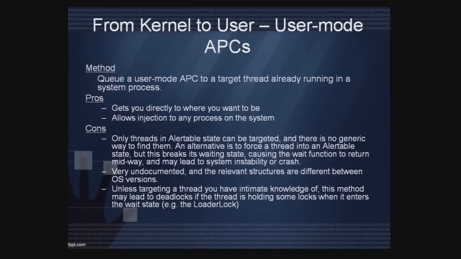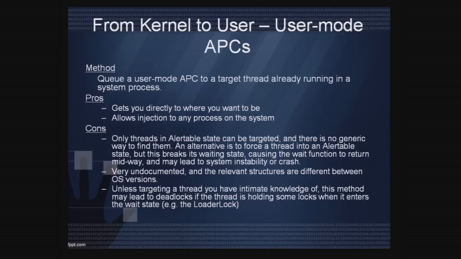A nice trick that I forgot to put here: the offset of the alertable flag in the KTHREAD changes all the time, and it's quite difficult to find it. You have to write code that is specific to a build. That can be worked around by issuing a kernel mode APC.